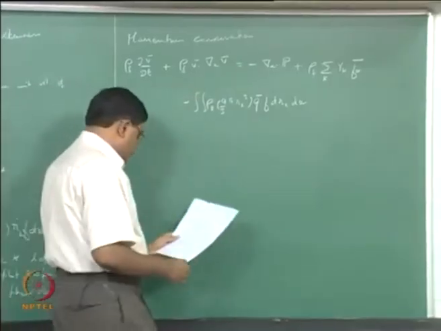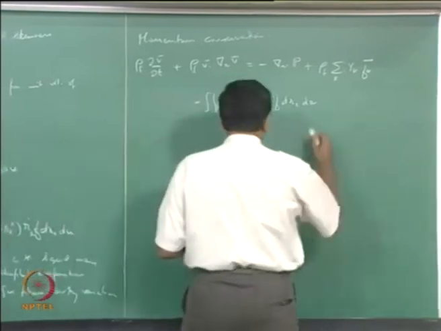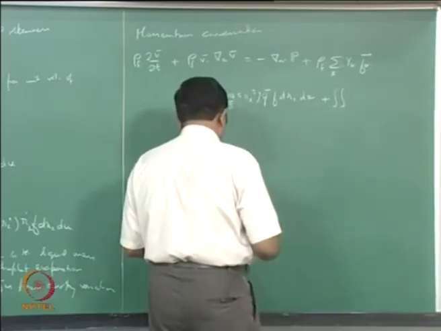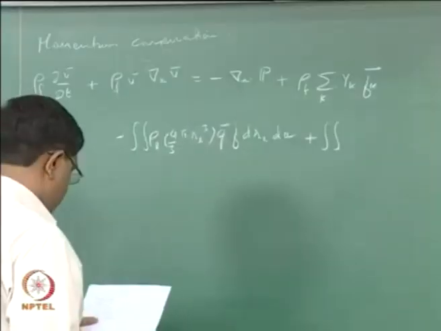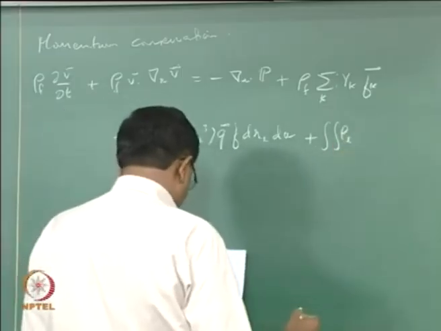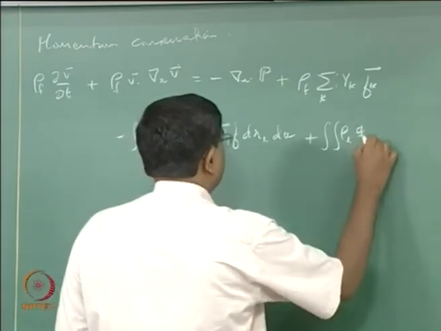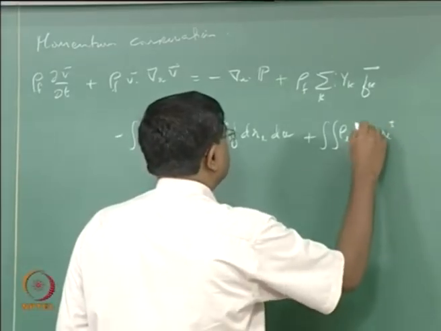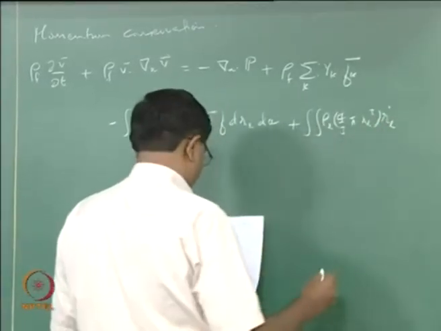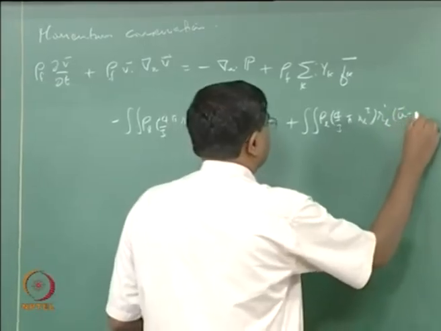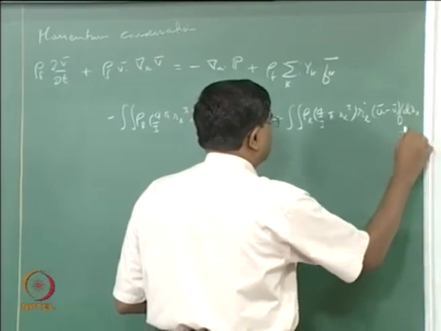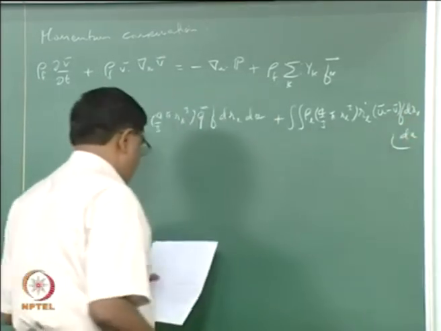We will talk about that, plus the thing I was just mentioning, which is the momentum imparted due to droplet evaporation. So that comes from rho L 4 by 3 pi RL cubed RL dot (U minus V f) dRL du, right.